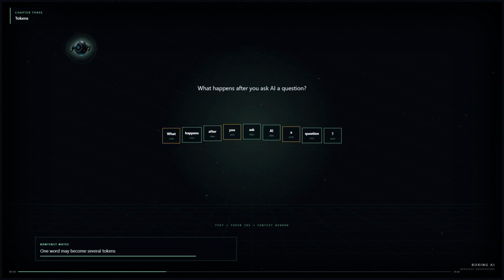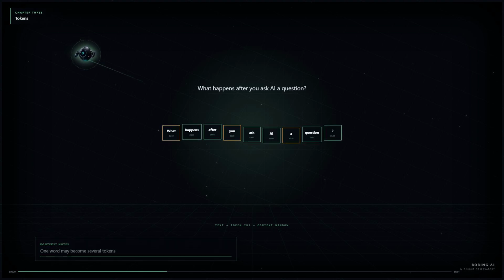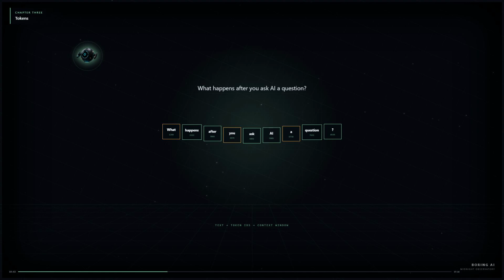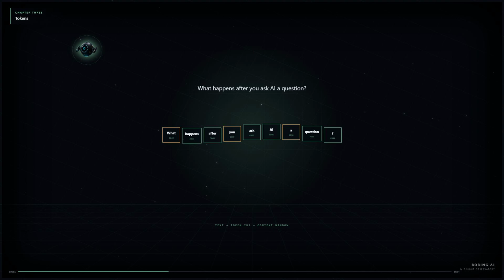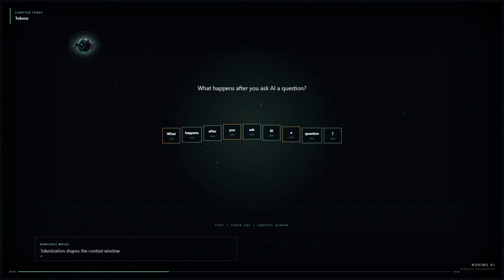Imagine our amber signal entering a circular chamber. The sentence passes through the center. On the other side, it emerges as a train of small tiles. Some tiles hold whole words, some hold endings, some hold spaces and punctuation. Each tile carries a number. Context follows the train, and projects a simple reminder into the dark.